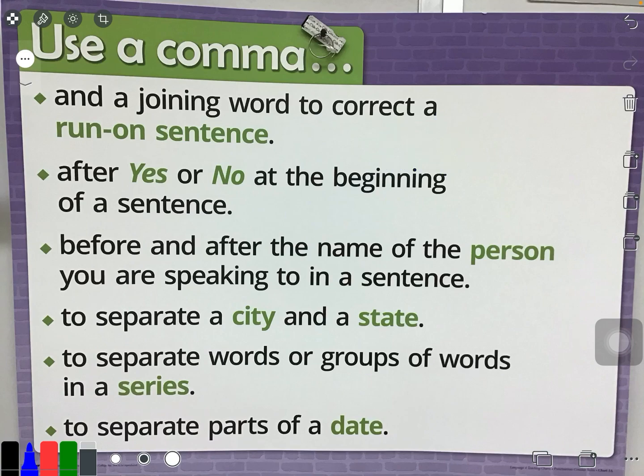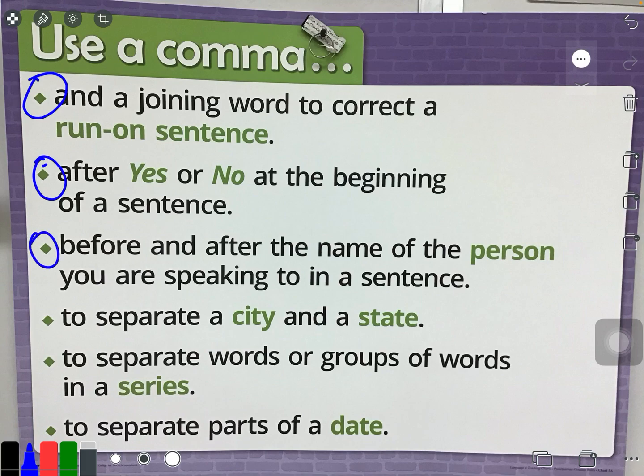Now, before we look at page 61, we're going to use the commas rules. Here's a chart from our classroom, and so far we've used the first rule. We use commas when we are joining words to correct a run-on sentence. We also use commas when we're saying yes or no at the beginning of a sentence.